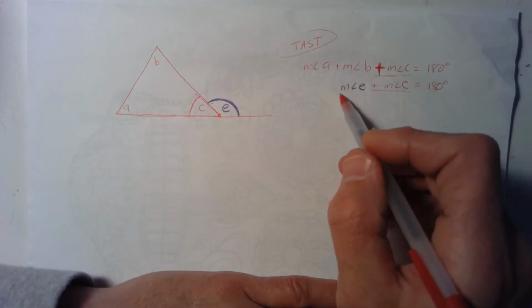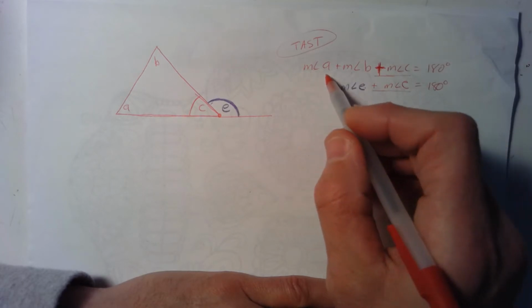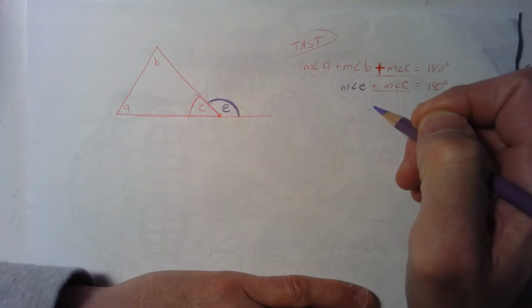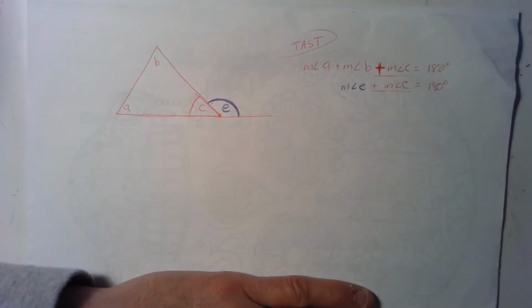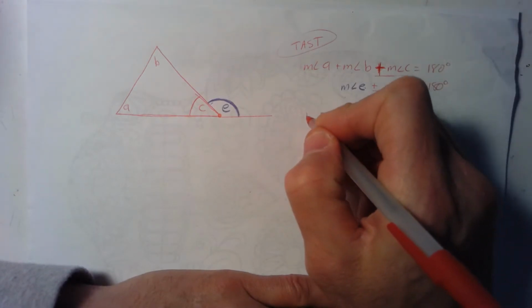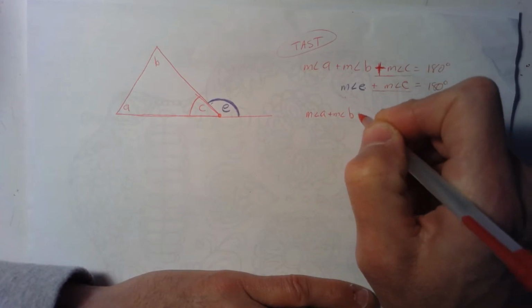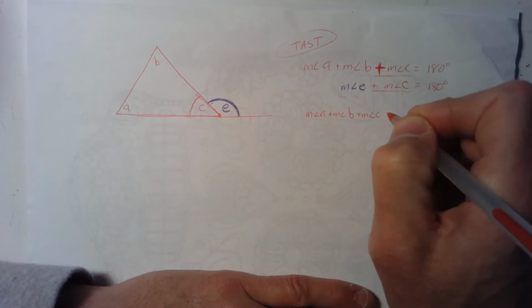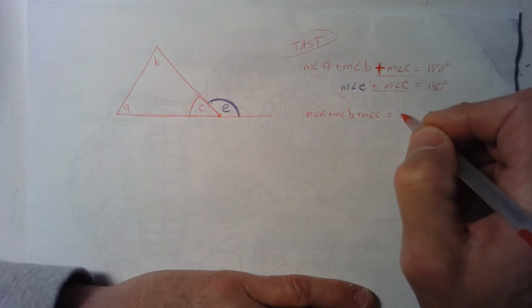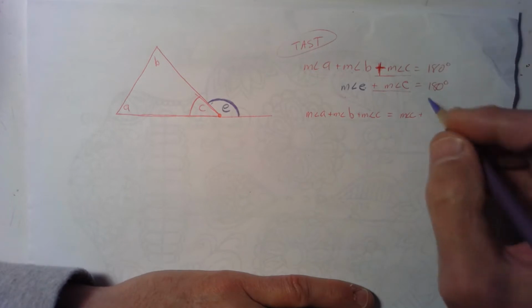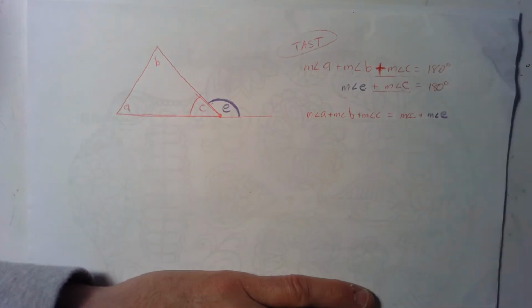And then we have the measure of angle E here, and we also have the measure of angle A plus B. So what that tells us is that if we were to use the transitive property, we could say the measure of angle A plus the measure of angle B plus the measure of angle C equals the measure of angle C plus the measure of angle E.